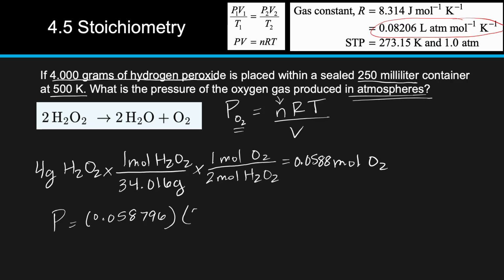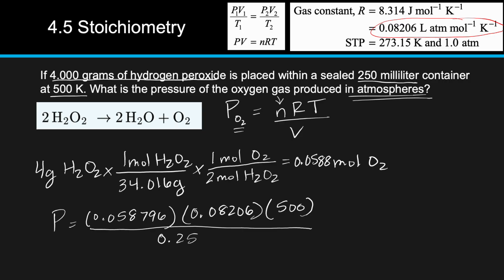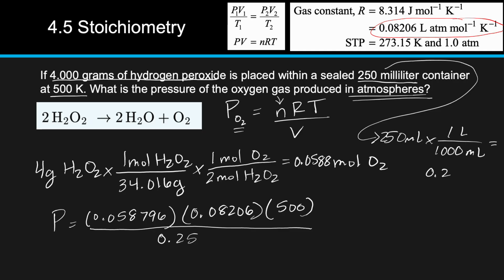So that's going to be 0.08206. My temperature is already in Kelvin, so I'm going to leave that be. And then I am dividing by volume, which must be in liters. So that's going to be 0.25 liters. And I know that because I was given 250 milliliters. In order to get to liters, I know in 1 liter I have 1,000 milliliters. It's going to give me 0.25 liters.